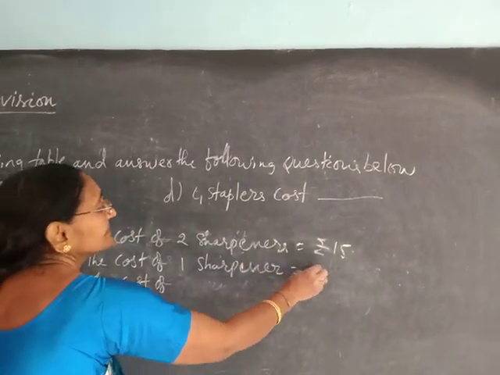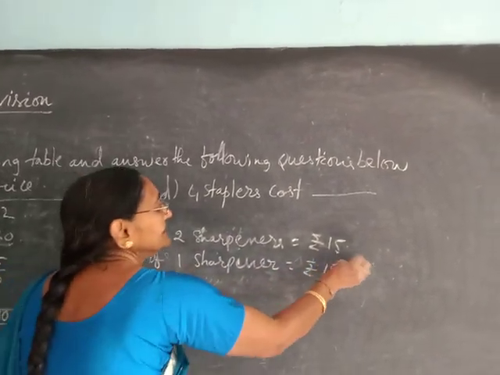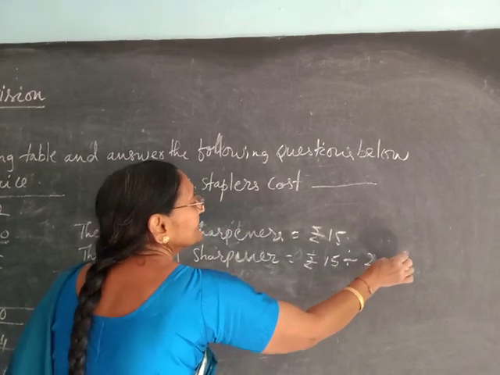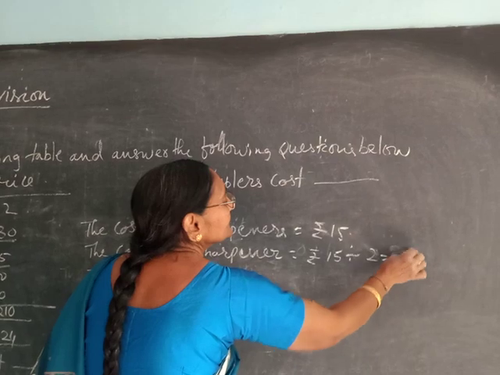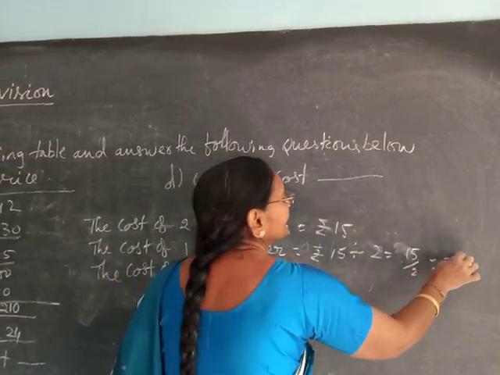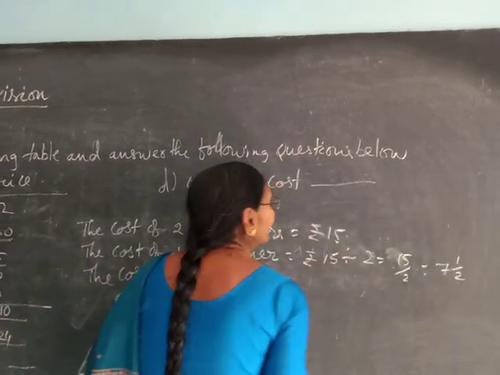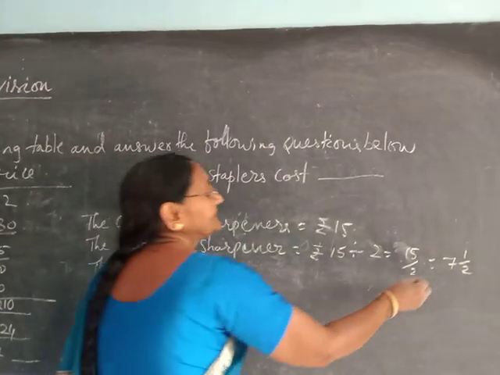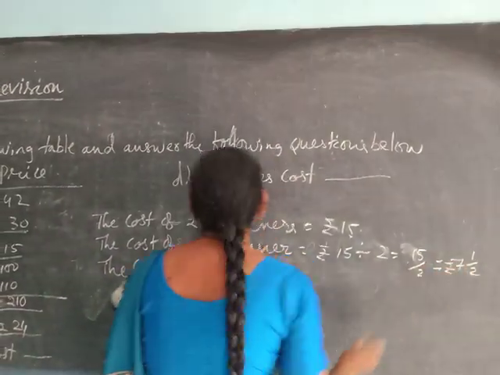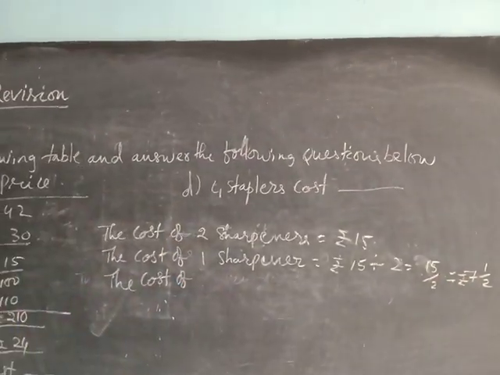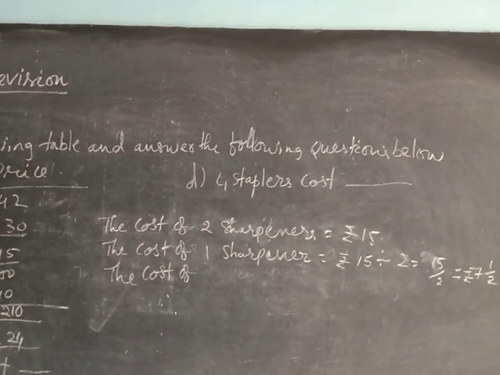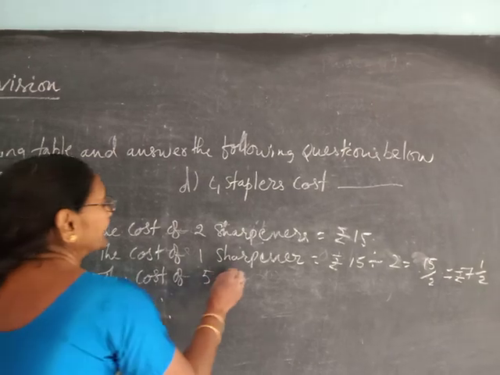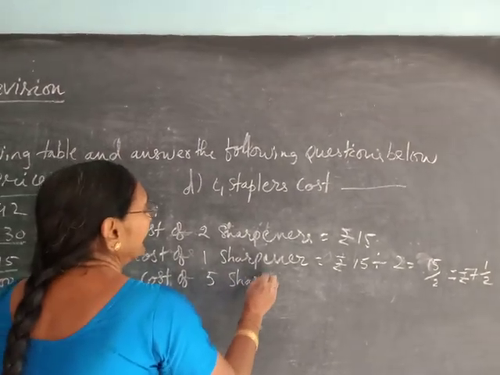How much will come? 15 divided by 2. 2 7s are 14, 1 by 2, so 7.5 rupees. Then how many sharpeners do you want? That is the cost of 5 sharpeners. How much will come?